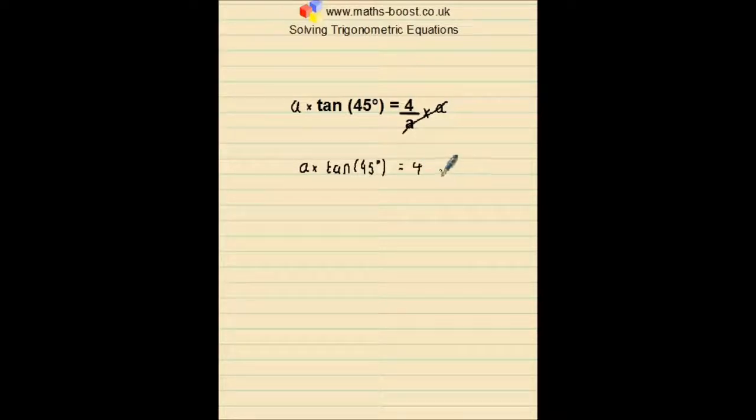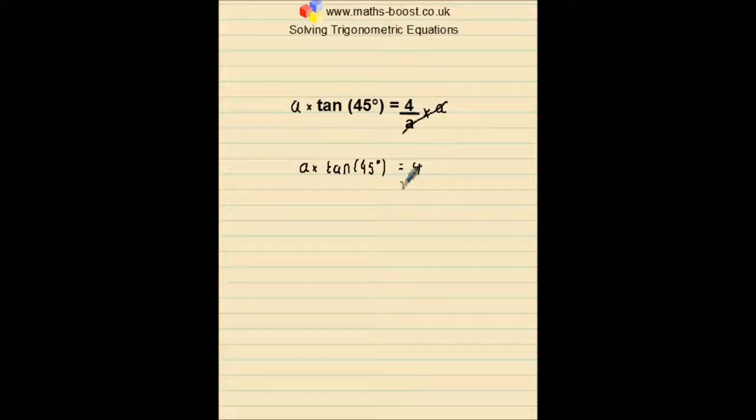But this third type of equation has two steps. We've made a big improvement since we've got rid of the fraction, but we haven't got the unknown a on its own. At the moment we have a multiplied by tan 45. So we carry out the opposite or inverse of this. And the opposite of times tan 45 is divide by tan 45.